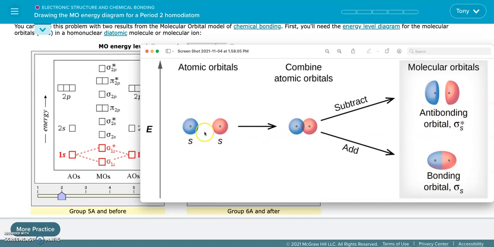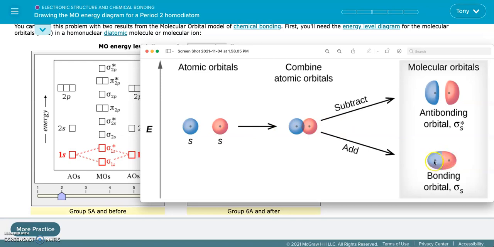So this is just giving you a visual of what's going on in this part of the diagram. We're going to have a bonding orbital, which is a sigma bonding orbital here, and an anti-bonding sigma star orbital, which would be represented by this here. This would be valid for the 2s energy level as well. We're going to overlap and form a bonding orbital where their electron density will be between the two.